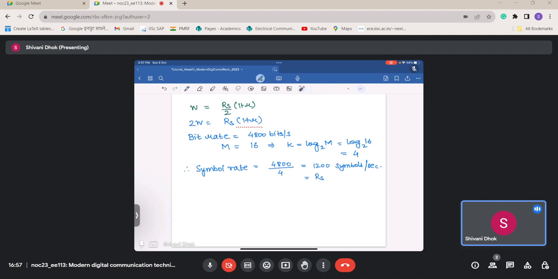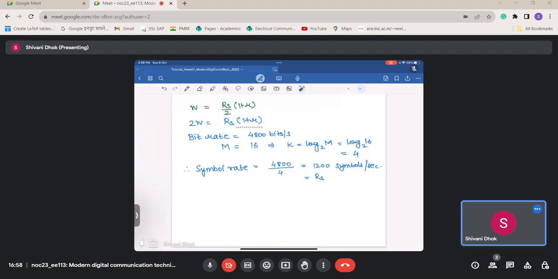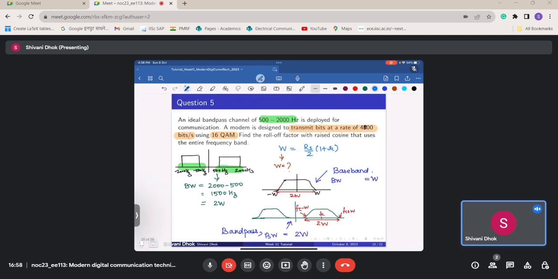So this quantity here is your Rs. Now we have this 2W, we have this Rs, and what we need to find is R, which is the only unknown. So let us substitute the values of Rs and 2W in this equation. 2W we had obtained as 1500 hertz.